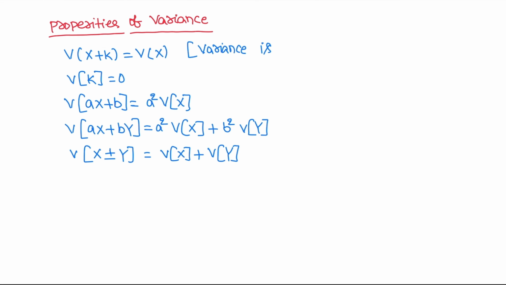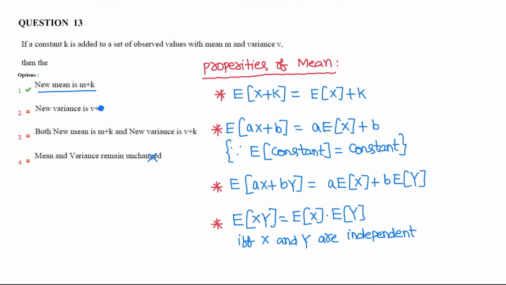Variance is unchanged if some constant k is added. So variance is unchanged but mean changes. So the correct option is 1.